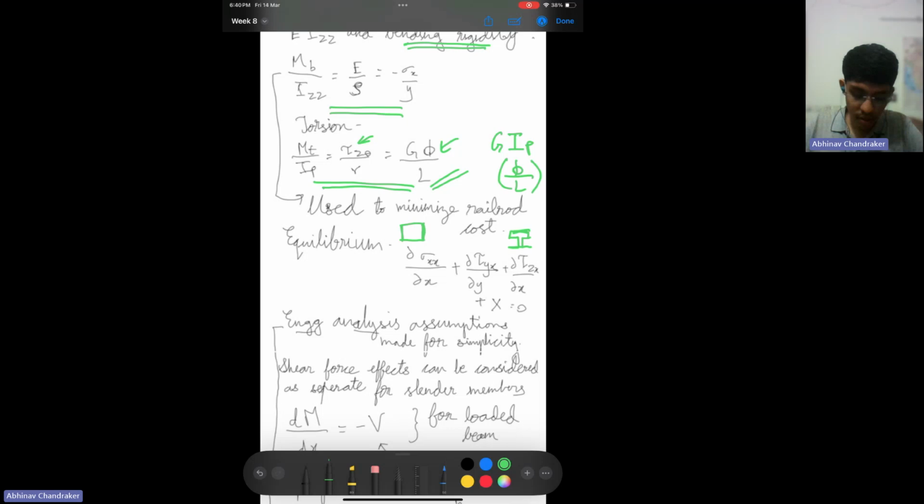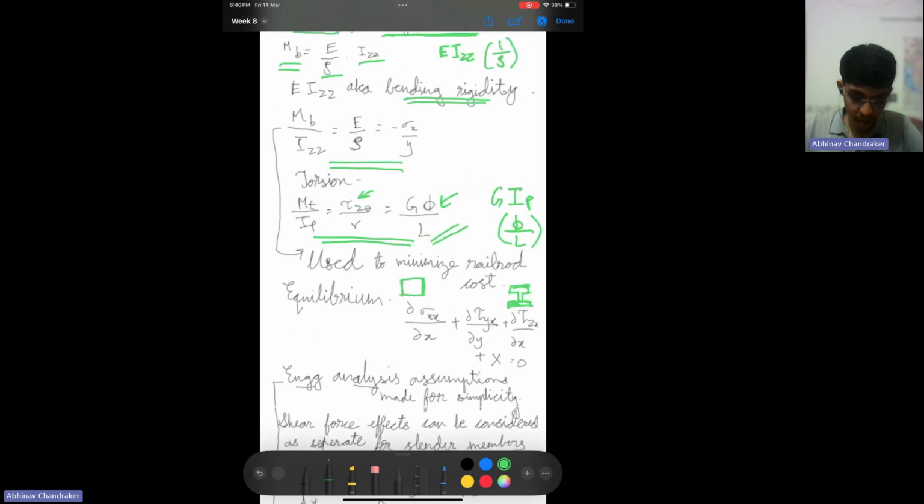So a T kind of a cross section. Here also you have this thing as a base. And the reason we have it, now I think you all should be able to understand.